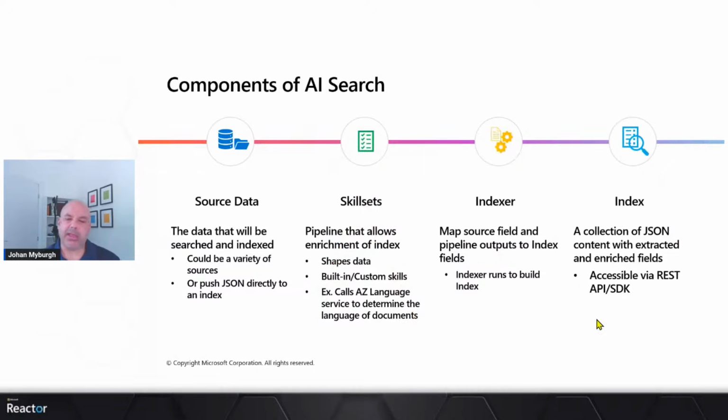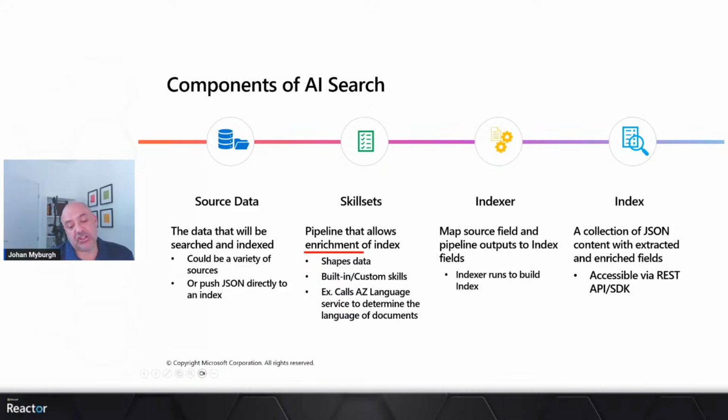However, I can just index the data if I wanted to, but probably I want to augment this data to a certain extent. And we do that with skillsets, right? What we're really talking about here is enriching our data from the source with some additional metadata. What these skillsets and skills do is shape the data.